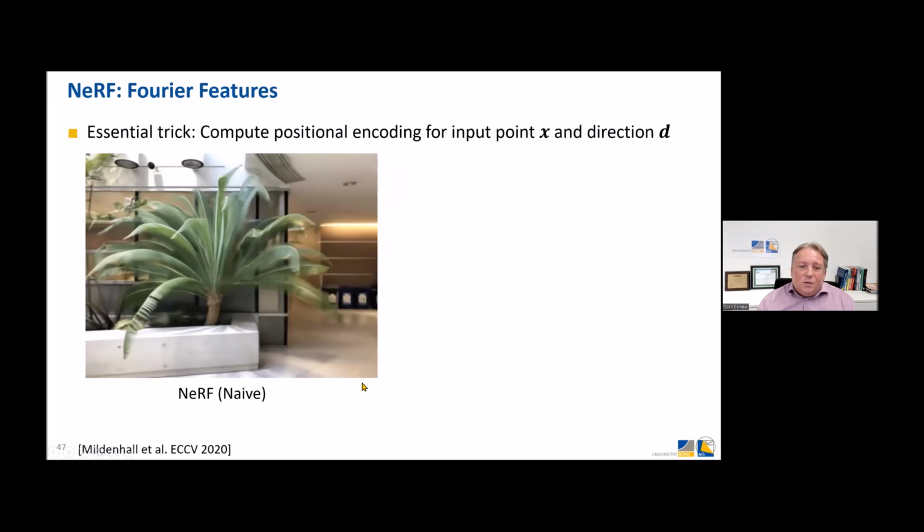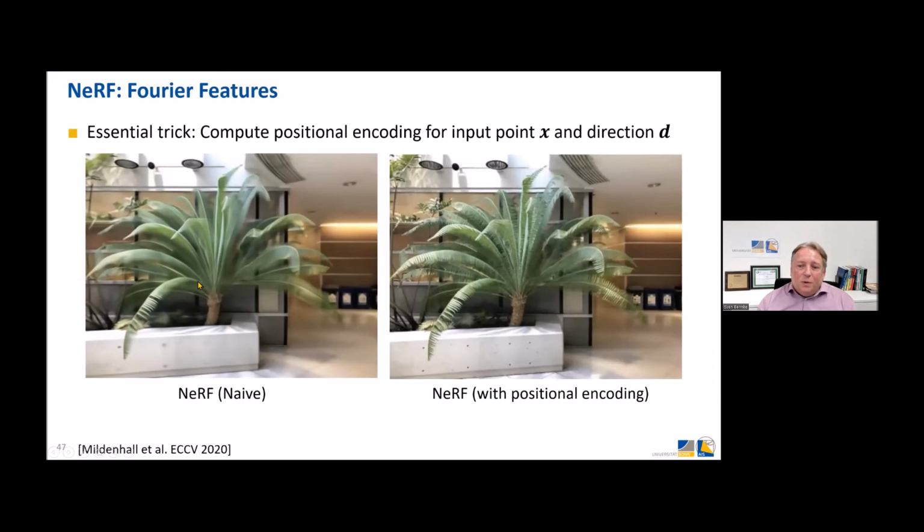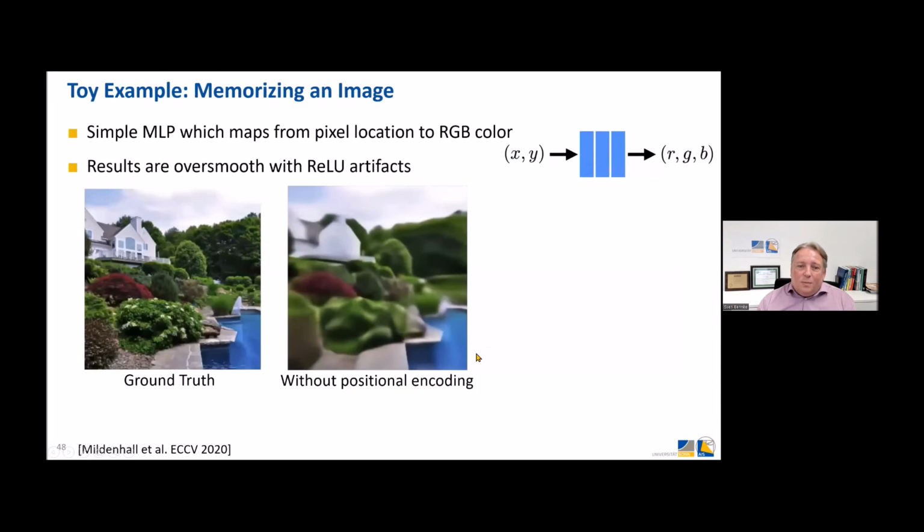There's another trick that is used, namely positional encoding. So naively, we would get this kind of a result, which is a bit blurry. With this positional encoding, the images look much sharper. So here, this is done just with 2 input dimensions mapped to color.